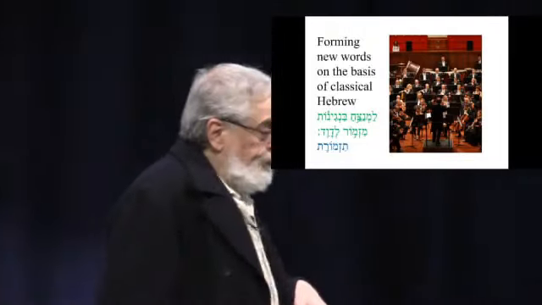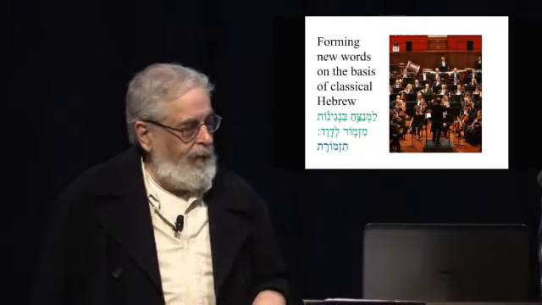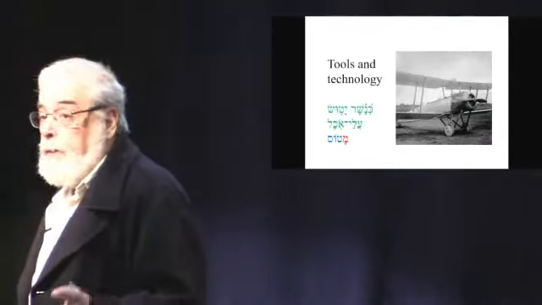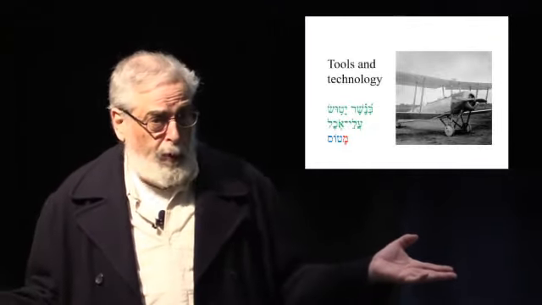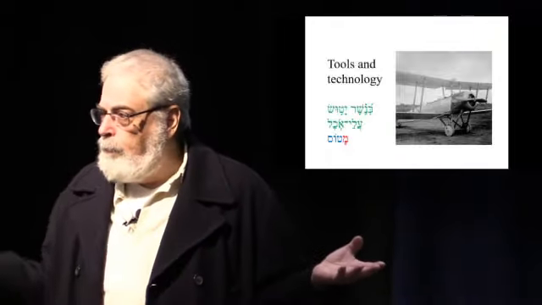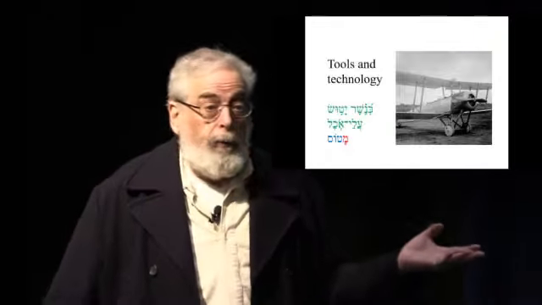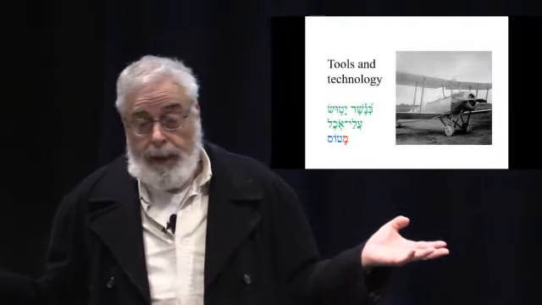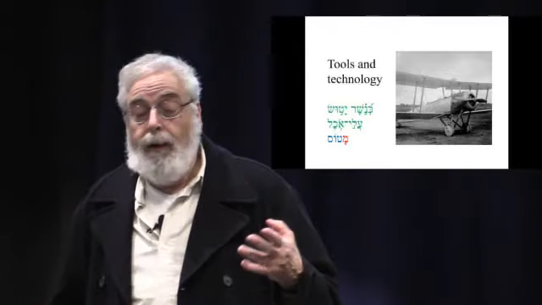Or, for example, we need new tools and technology, names for the technology that was not known in the Bible, and not even in most of the medieval time. For example, a new machine that flies in the air, beginning of the 20th century.